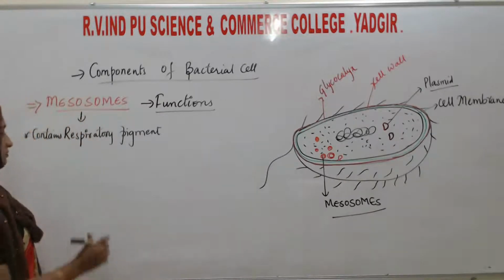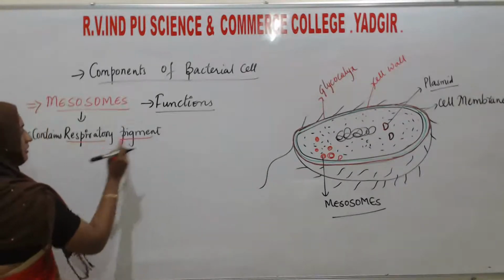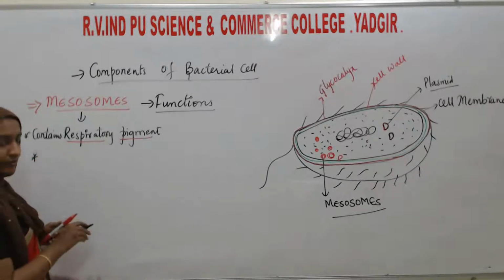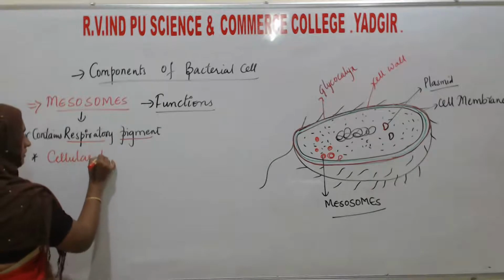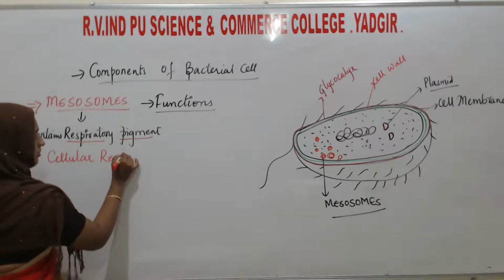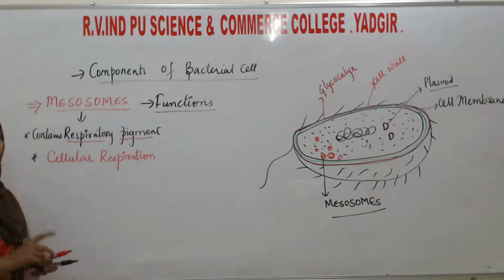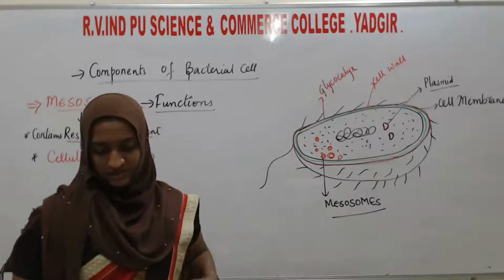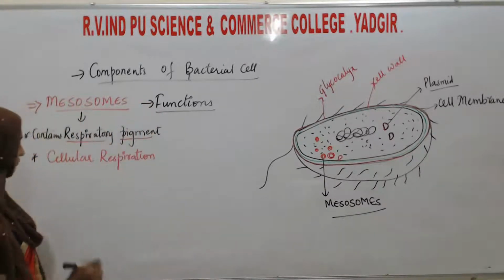One of the main functions of this mesosome is cellular respiration. Except this, some other functions are there, they also help in the cell wall formation.